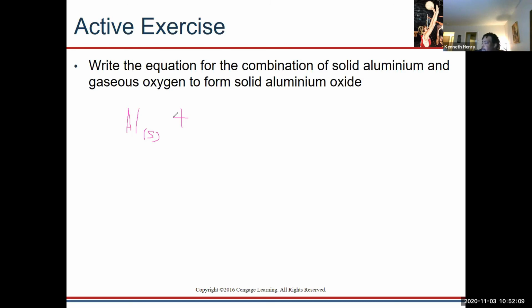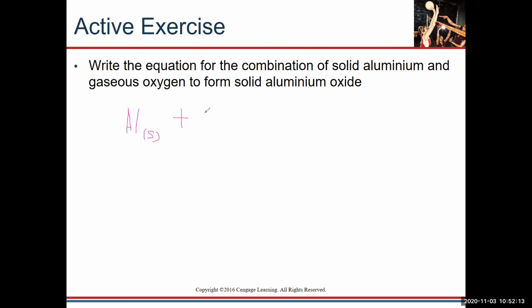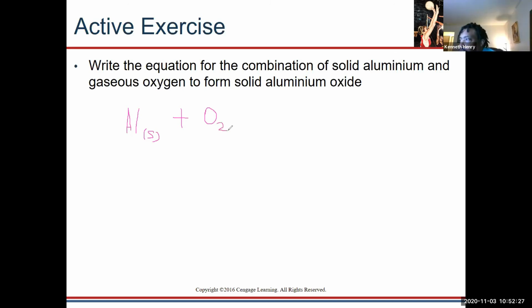Or what is the chemical formula for that? O. Is it just O? O2. That is correct, because oxygen is a diatomic.